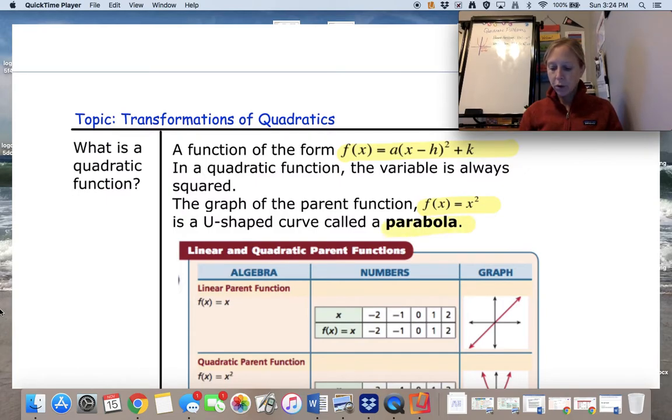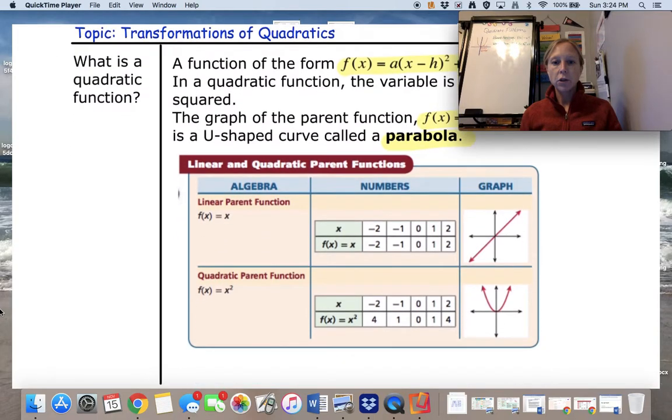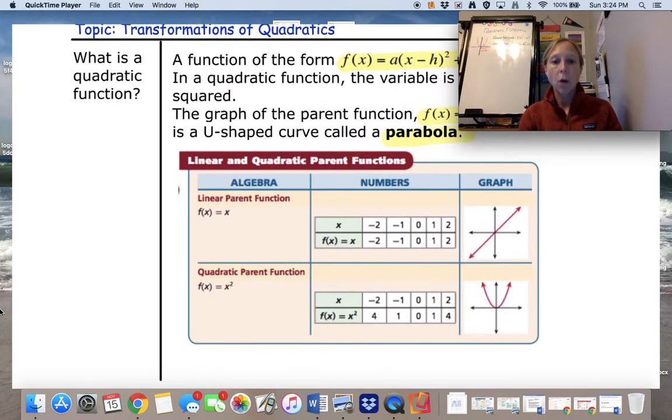So let's just do a quick comparison between linear functions that we're very familiar with and quadratic functions. So first, if we look at the function itself, we'll see a quadratic function has the x squared, where a linear function just has x to the first power. Now if we move on to our table, they have 2 points in common.